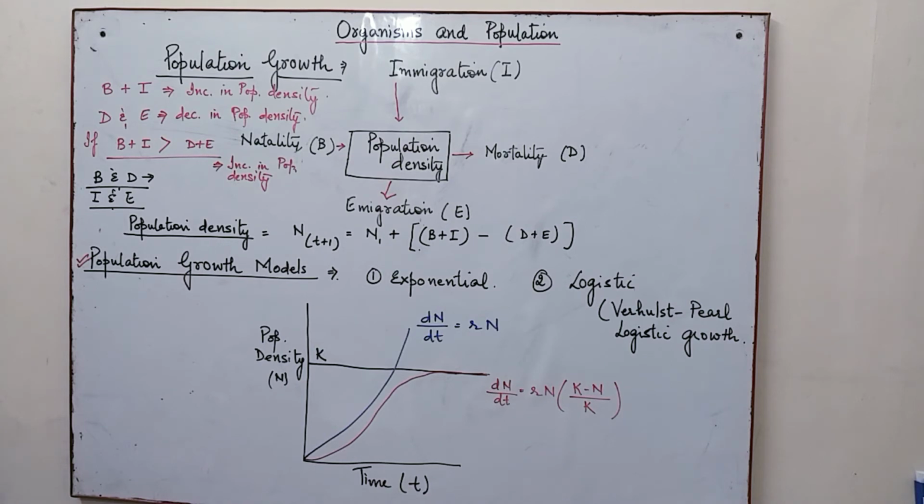Also, how often it reproduces. So there are three important criteria on which we decide upon the growth models.